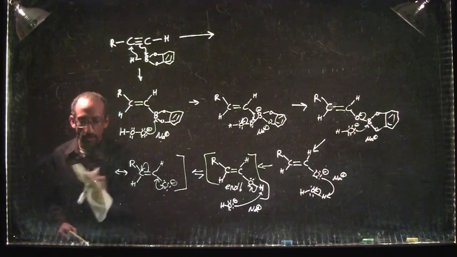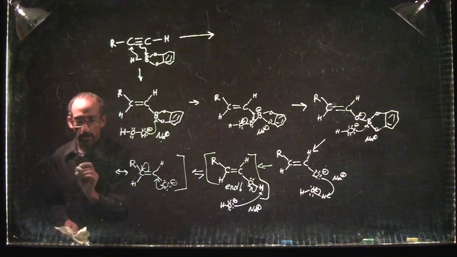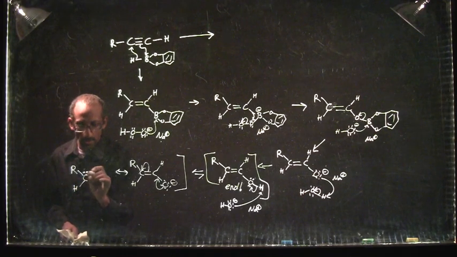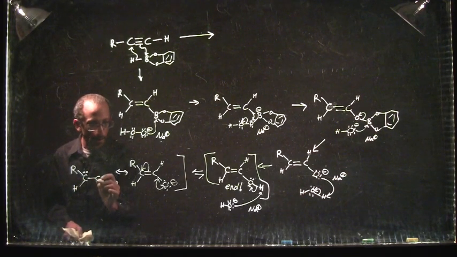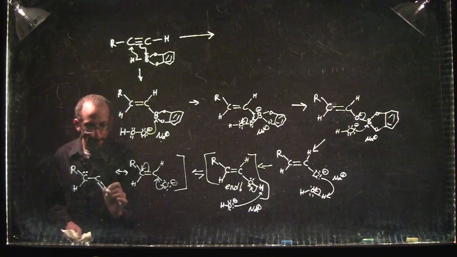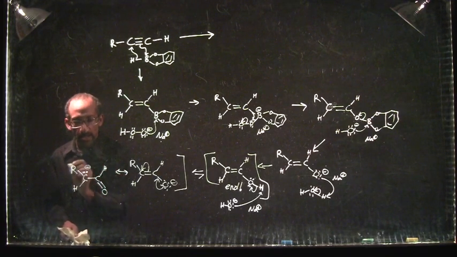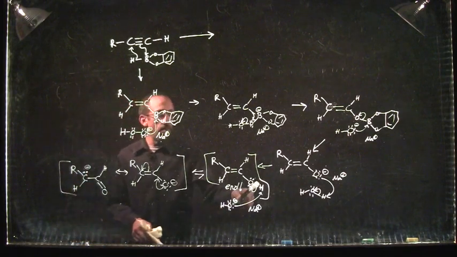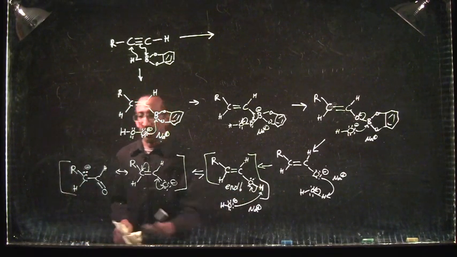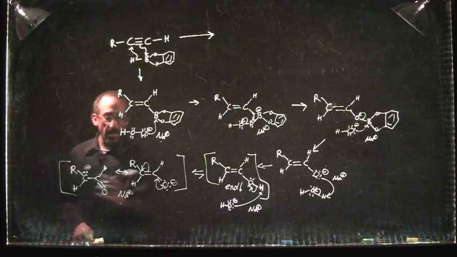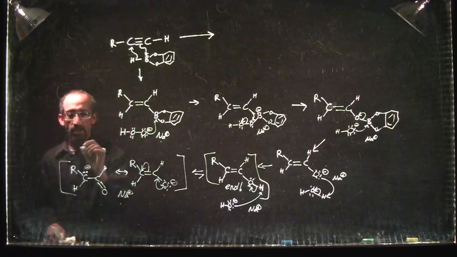Let's give ourselves a little bit more space. And by deprotonating this enol over here, I generated a molecule of water. Here's my sodium, balancing out the negative charges in my resonance structure.